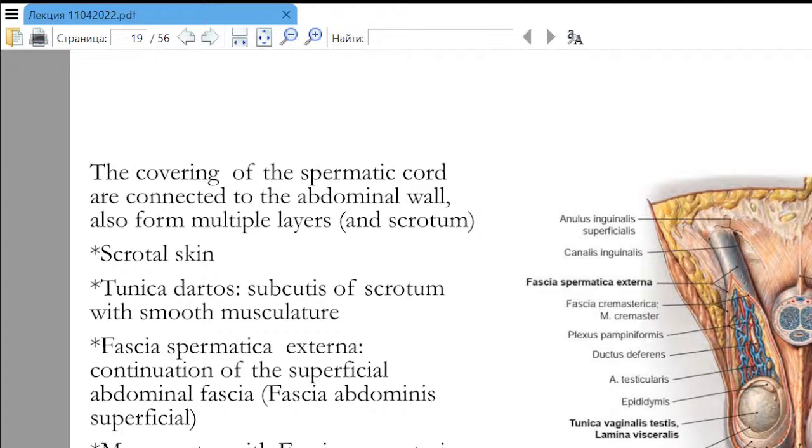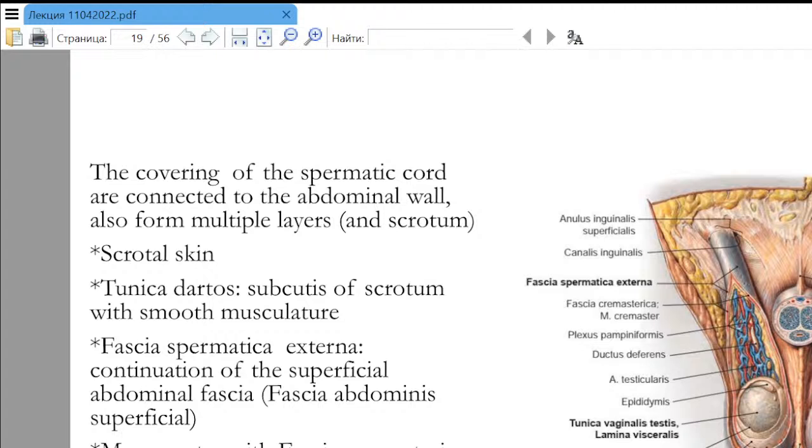Musculus cremaster with fascia cremasterica. Fascia spermatica interna, a continuation of the fascia transversalis.